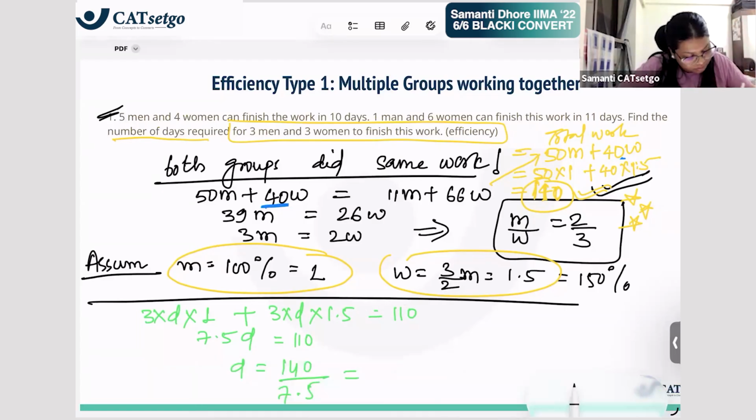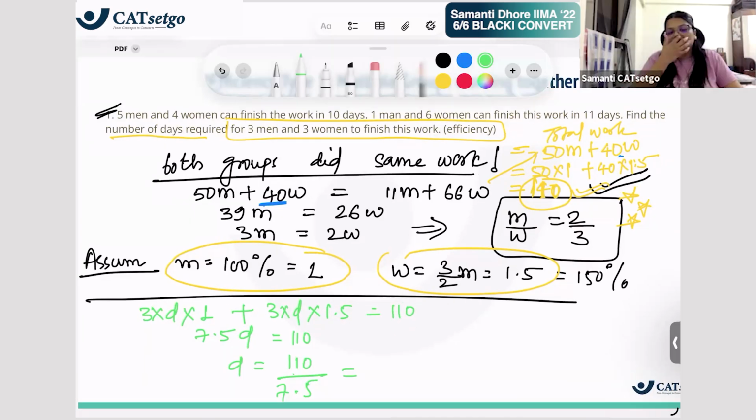बताओ आंसर बताओ. क्या है आंसर फटाफट बताओ मुझे. What is the answer here? 110 divided by 7.5. कैसे कर सकते हैं हम इसको? 1100 divided by 75. Right? We can do that. Which becomes 11 divided by 3 by 4. Right?